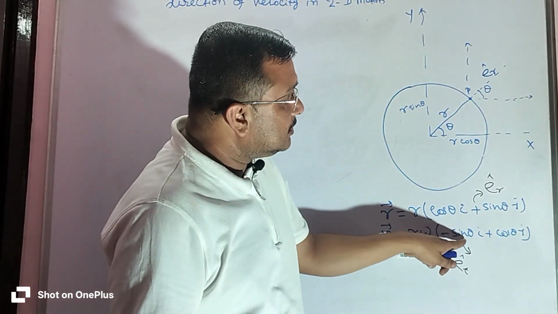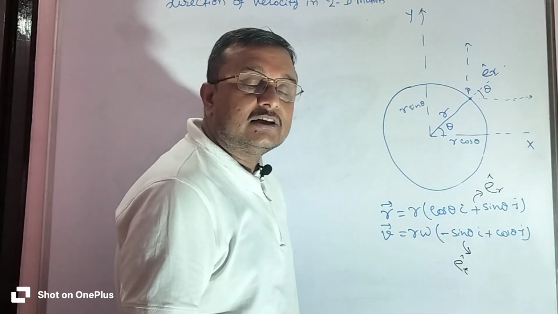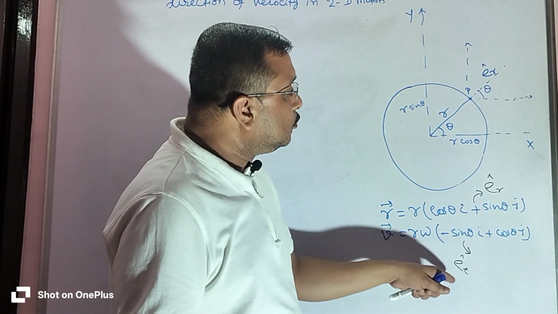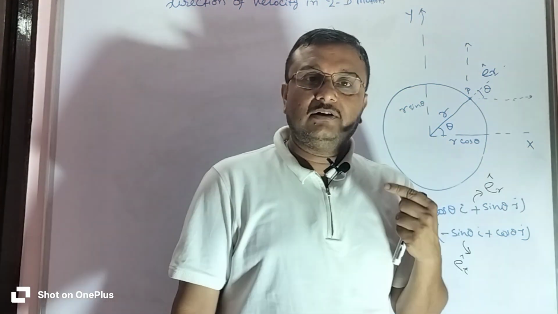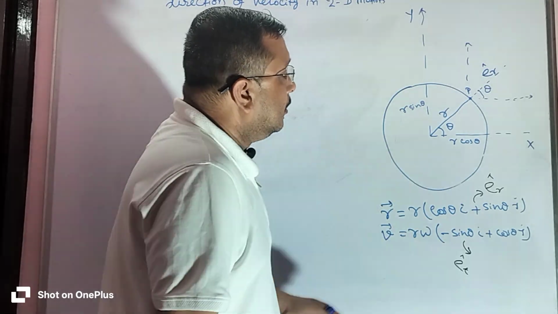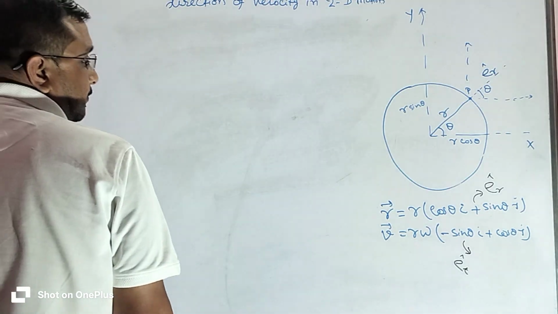In the same way, minus sin theta i plus cos theta j is also a unit vector because its magnitude is always 1. So these two denote the direction only. Magnitude is 1, this is called a unit vector. ER and ET both are unit vectors.